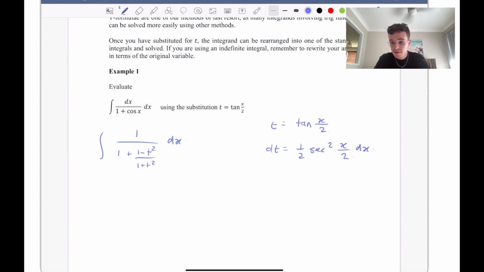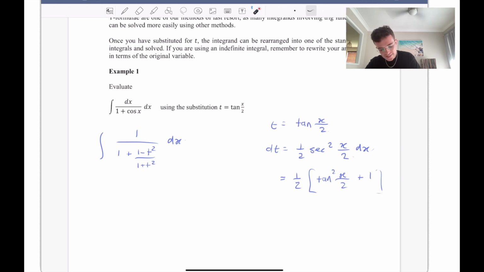But you'd have to account for that x on 2, so that would make it much more difficult. The easier way, and this is what you're going to do for most of these questions, is to realise that sec squared x is tan squared x plus 1. So this is a half of tan squared of x on 2 plus 1. However, we've defined t to be tan of x on 2. So this is a half of t squared plus 1.